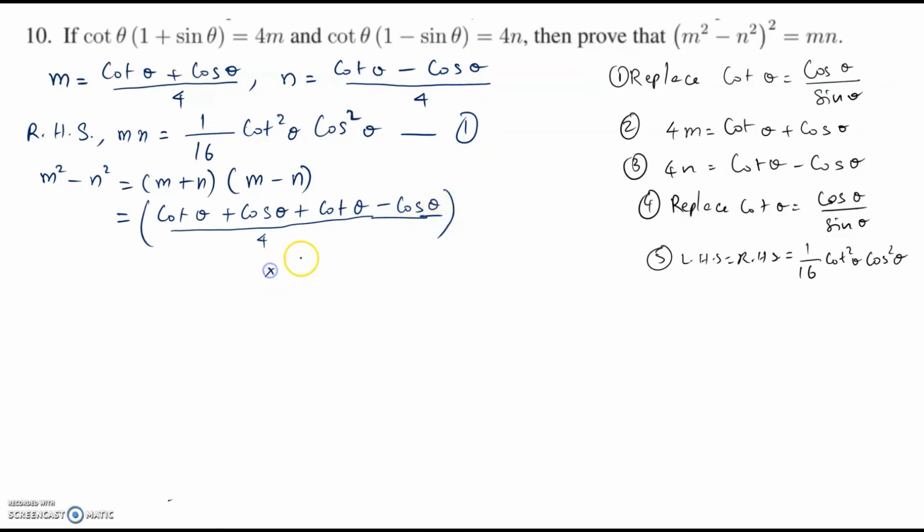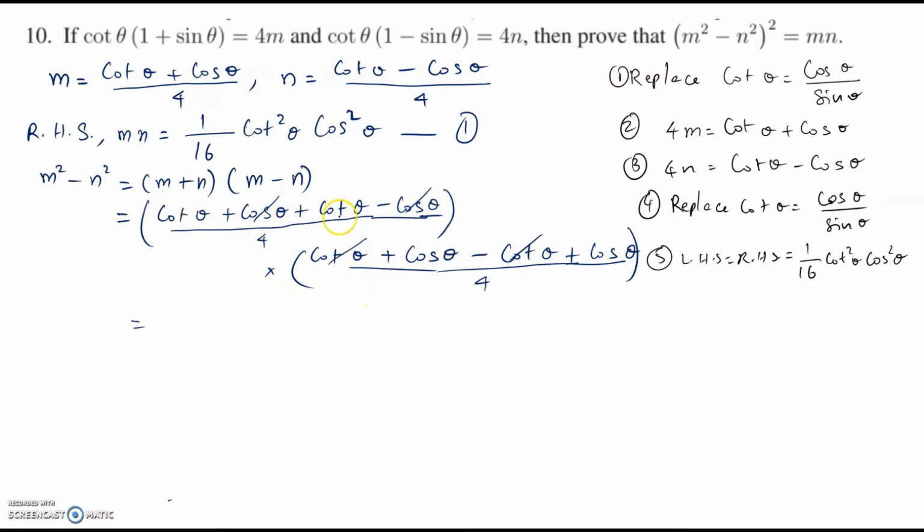This is multiplied by m minus n. So, m minus n will become cot theta plus cos theta minus cot theta, minus into minus plus, plus cos theta, the whole thing divided by 4, because 4 is the common denominator for both. Here cos theta and cos theta will get cancelled, and cot theta and cot theta get cancelled.